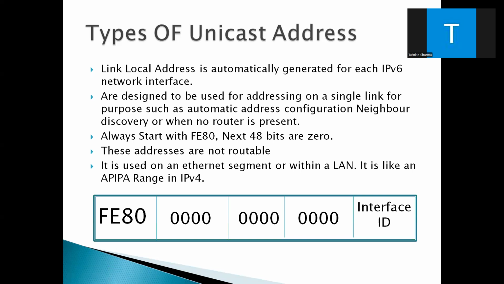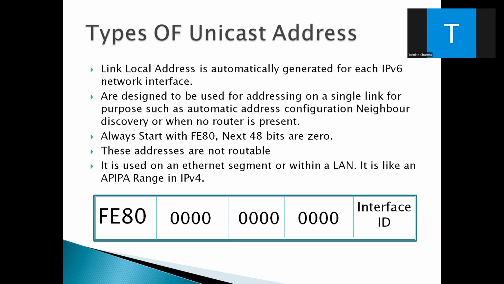Then we have the link local address, which is automatically generated for each IPv6 network interface. It is designed to be used for addressing on a single link for purposes such as automatic address configuration, neighbor discovery, or when no router is present. If you don't allot an IP to a device, then it will generate the IP automatically.